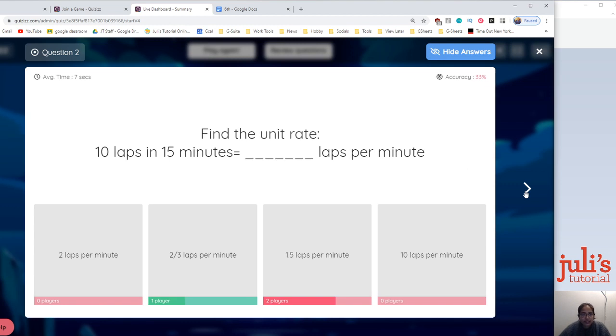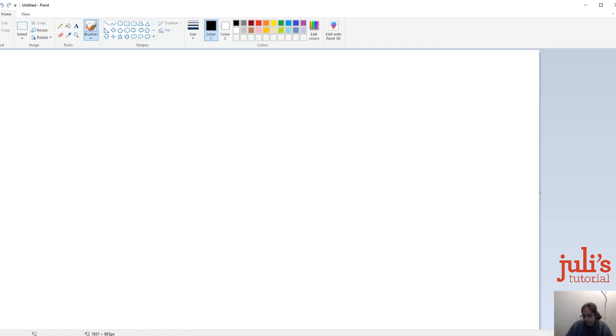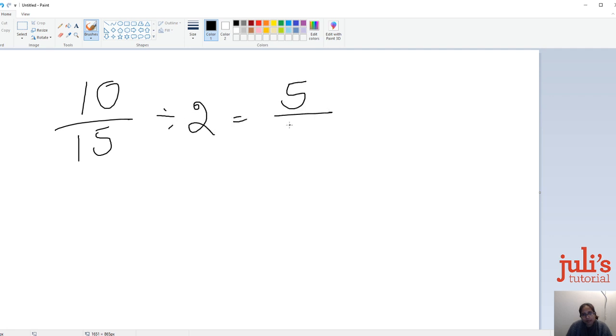Find the unit rate: 10 laps in 15 minutes. So in order to find how many laps per minute, you divide 10 by 15. Which is basically 5 over 3.